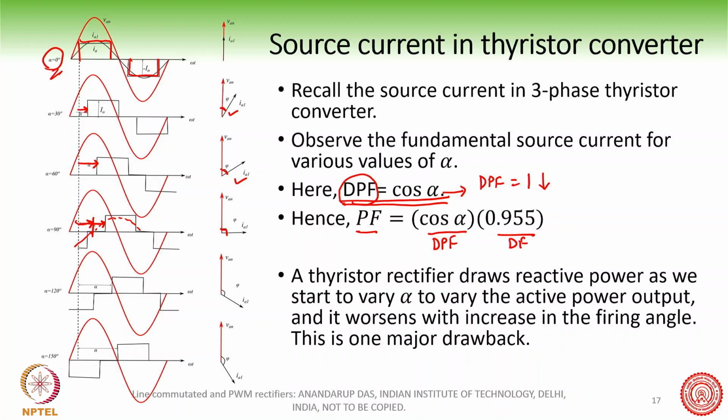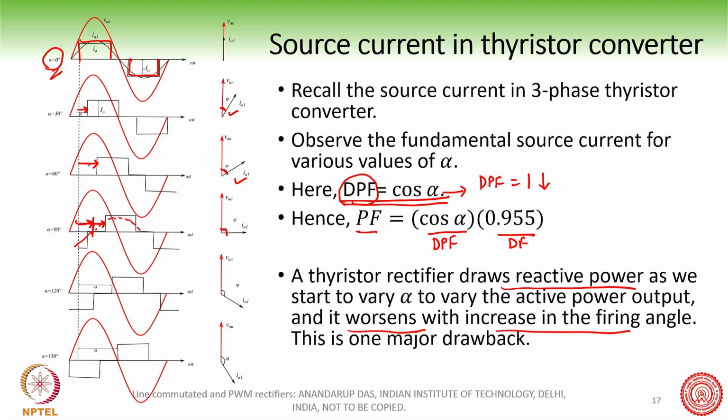So a thyristor rectifier is drawing reactive power while delivering the active power. If we start changing the output by changing the value of alpha, then it will start drawing more and more reactive power. Falling of the power factor means it is drawing more and more reactive power, and the situation will worsen when we have an increase in the firing angle.